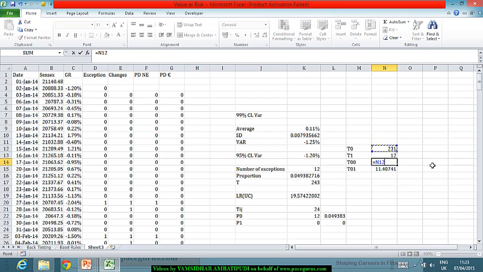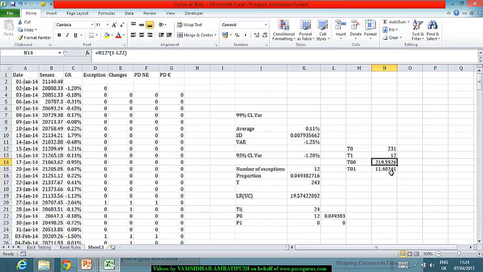Similarly, T0 times 1 minus P0 works out to 219, giving the total of around 231 days when there were no exceptions. So T00 is the day before there was no exception and today also no exception, and T01 is the day before no exception and today there is an exception, right?